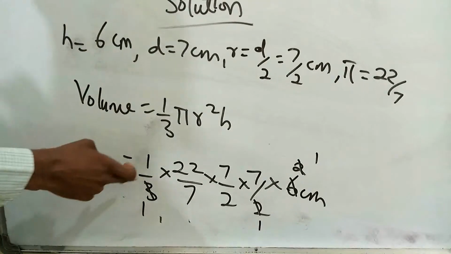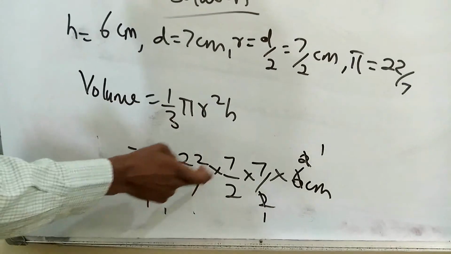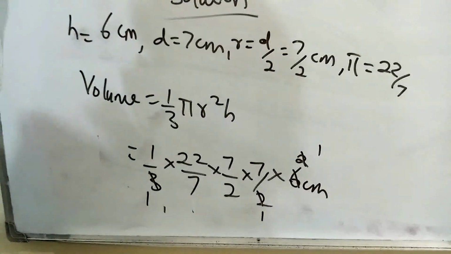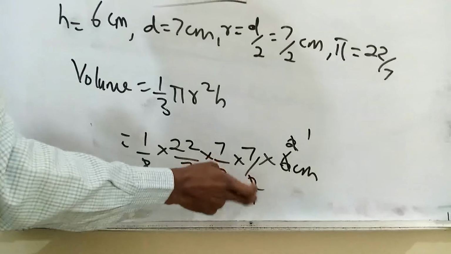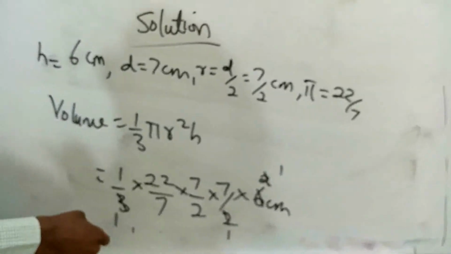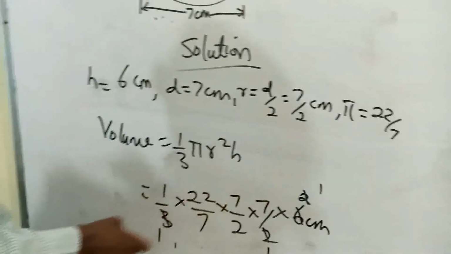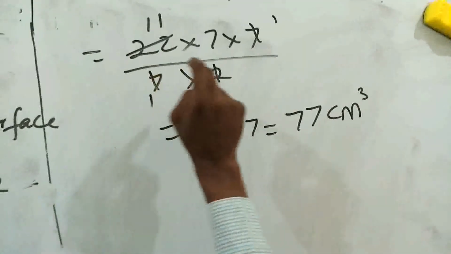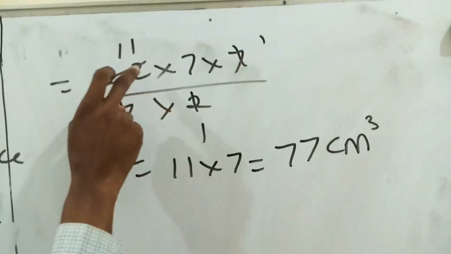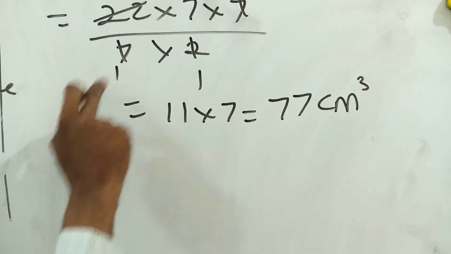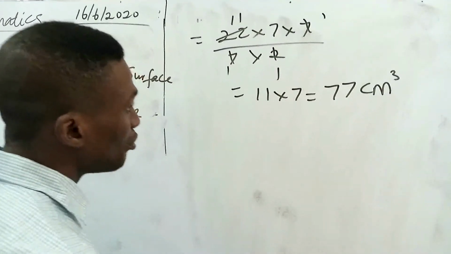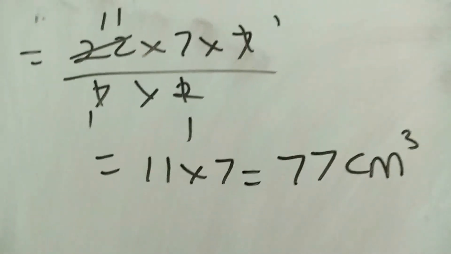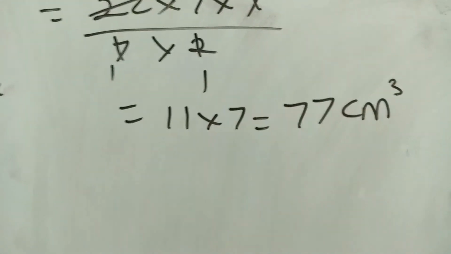So we have 1/3 times pi times radius squared times 6 cm. 3 into itself is 1. 3 into 6 is 2. 2 into itself is 1. 2 into 22 we have 11. 7 here is 1, 7 here is 1. So we now have 11 times 7, 77 cm cube. So the volume of that cone is 77 cm cube.